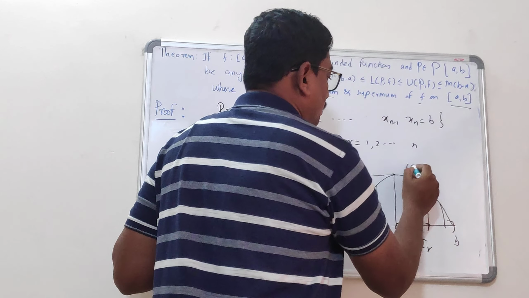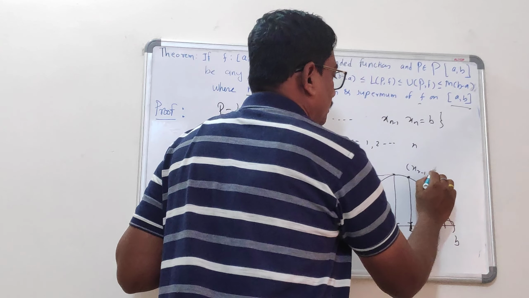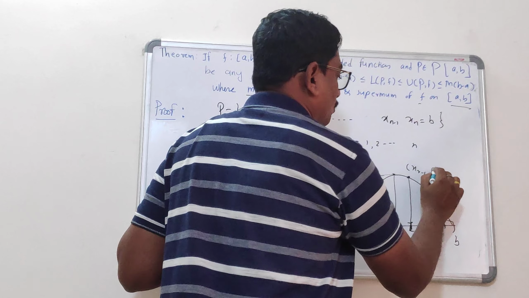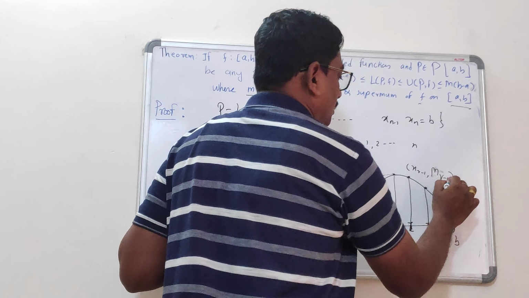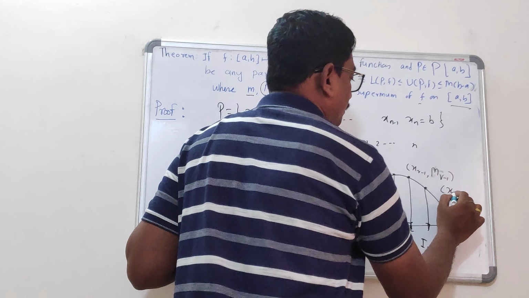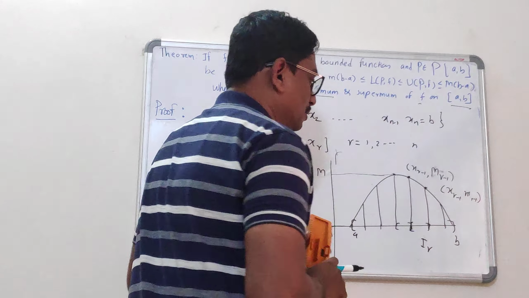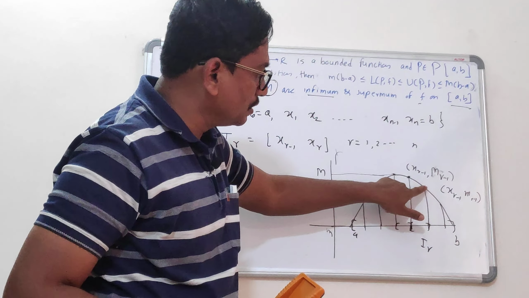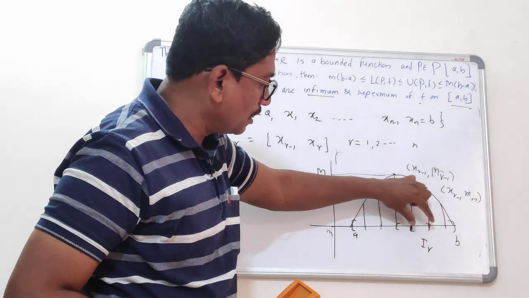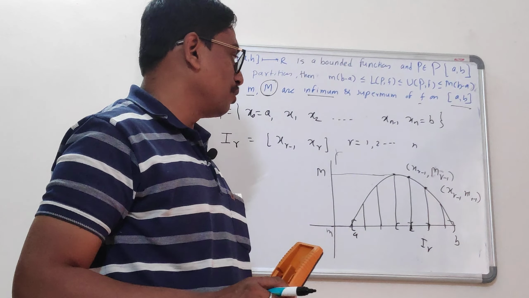So the position of this is xr minus 1, and its maximum value I can call Mr, and the position of this is xr minus 1 and mr, because in this interval this is the infimum of the function f, and in this interval this is the supremum of the function f. So I have to denote all these notations.